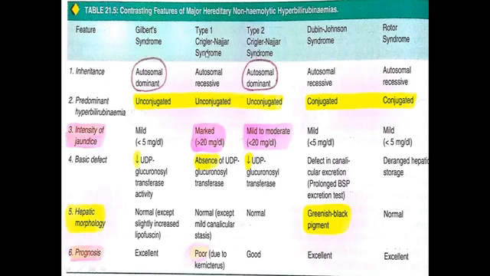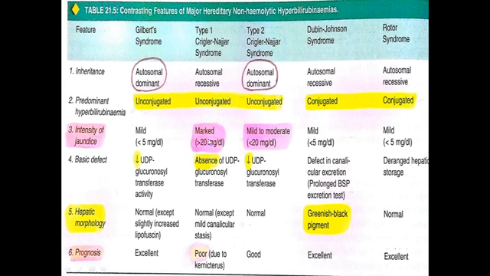So, in Crigler-Najjar type 1, there is complete absence of this enzyme which leads to marked elevation of unconjugated bilirubin. So, there is a poor prognosis in type 1 Crigler-Najjar syndrome because there is complete absence of UDP glucuronyl transferase enzyme there.